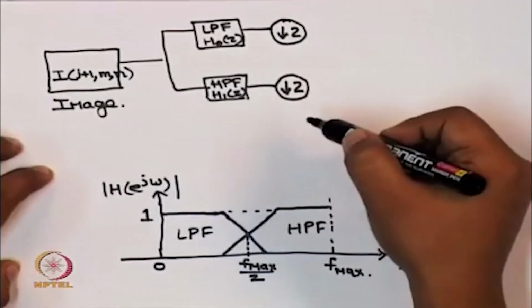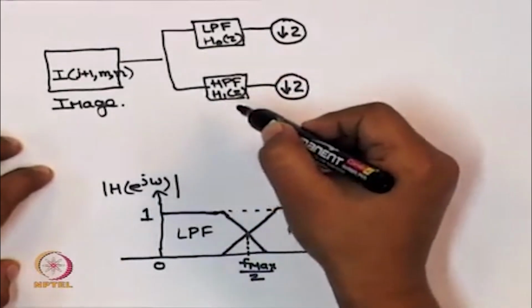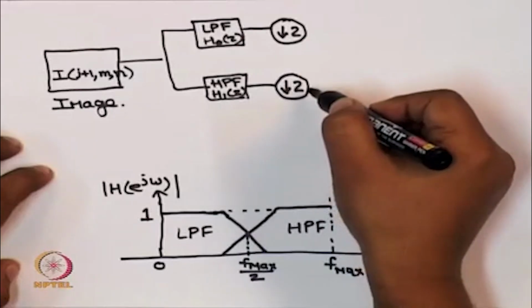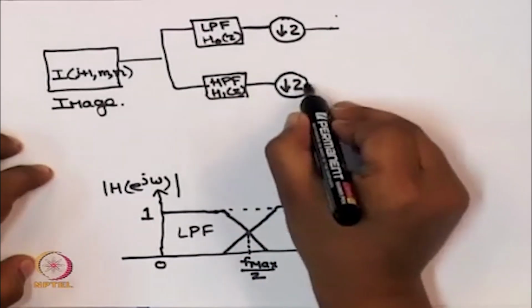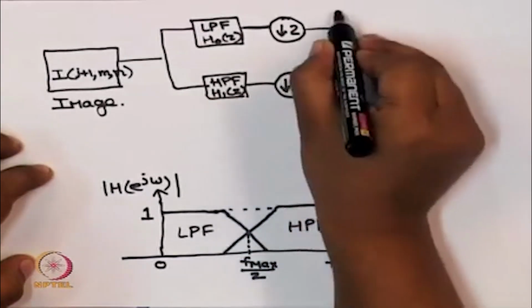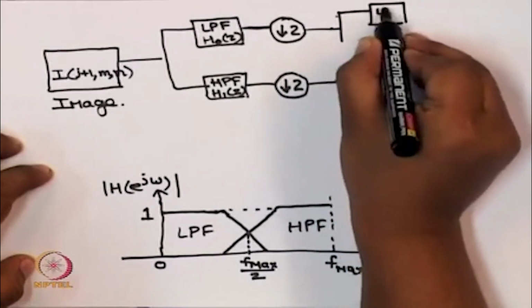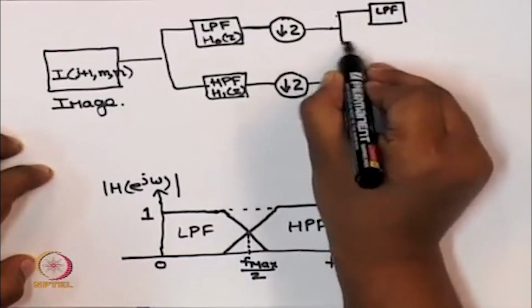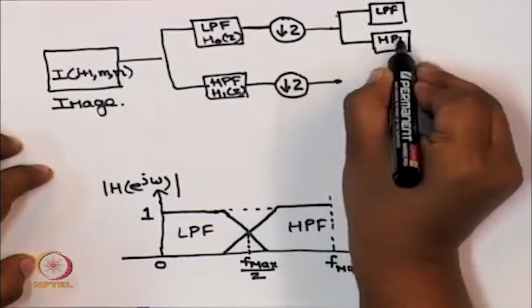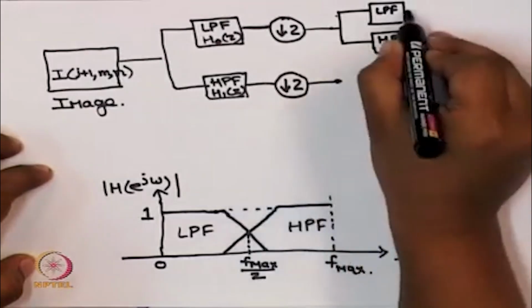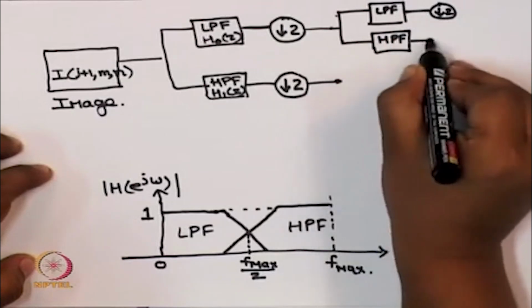Once we have done this, we can then apply these one-dimensional filters and downsampler operations now along the rows. After each of the outputs that we have obtained, we again apply a low pass filtering operation and a high pass filtering operation, each followed by subsampling by 2.